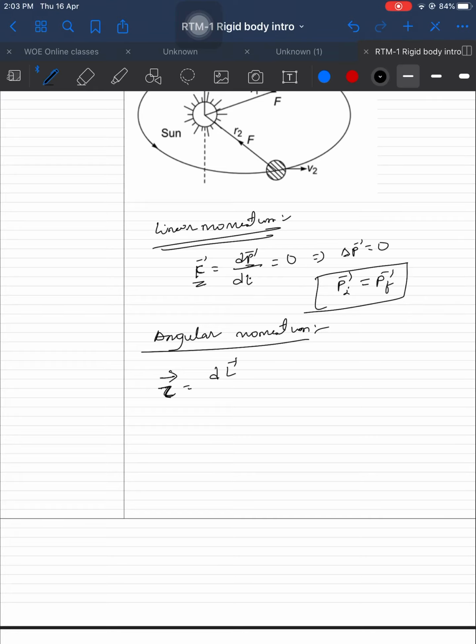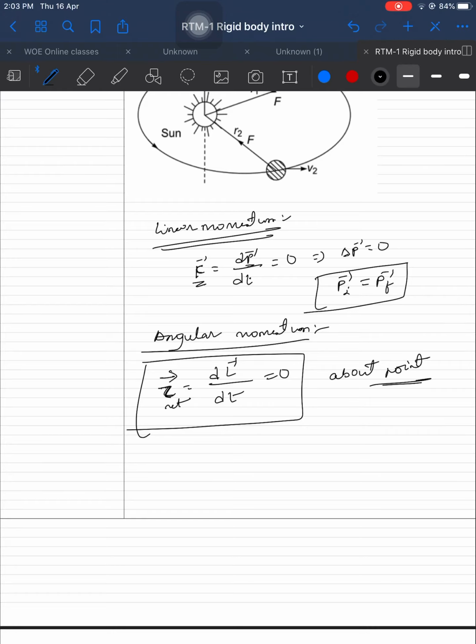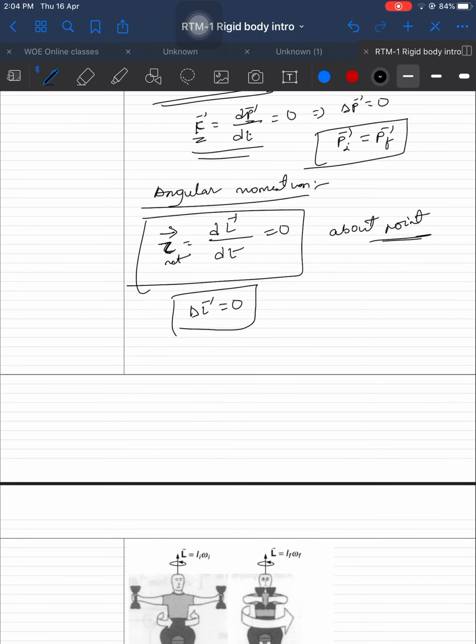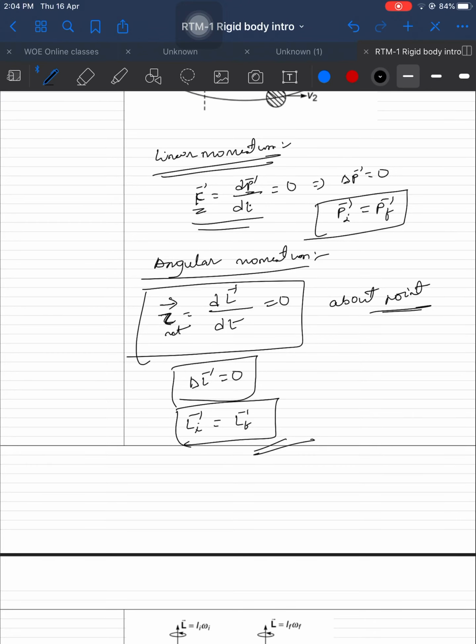If net torque is equal to 0, remember net torque about a point, force we can say net horizontal force or vertical force, any force can be equal to 0, but if torque about any point is equal to 0, delta L bar is equal to 0. If delta L bar is equal to 0, initial angular momentum is equal to final angular momentum.